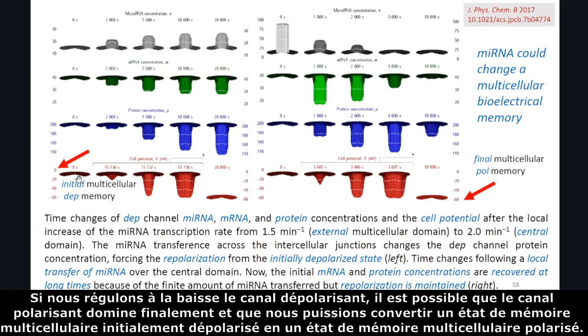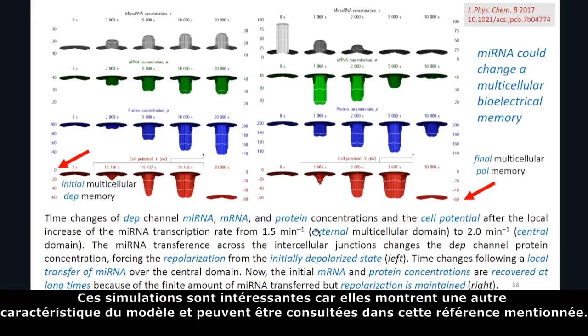If we are downregulating the depolarizing channel, it is possible that the polarizing channel eventually dominates, and we can convert an initially multicellular depolarized memory into a final multicellular polarized memory. These simulations are quite interesting because they show another characteristic of the model and can be found in this reference, which is noted here.